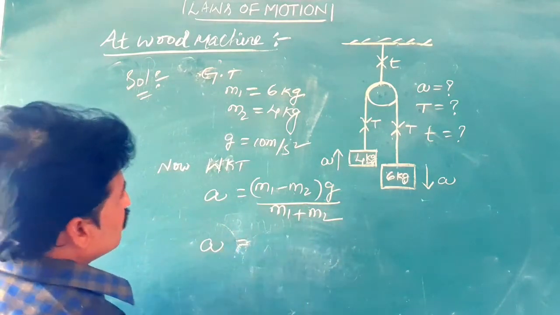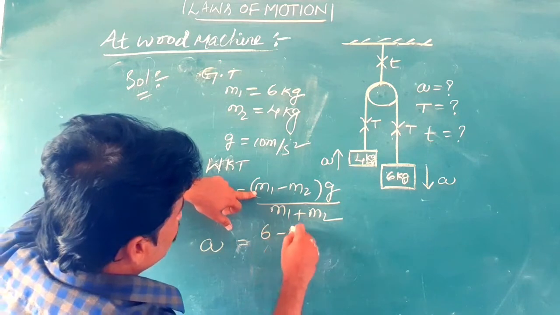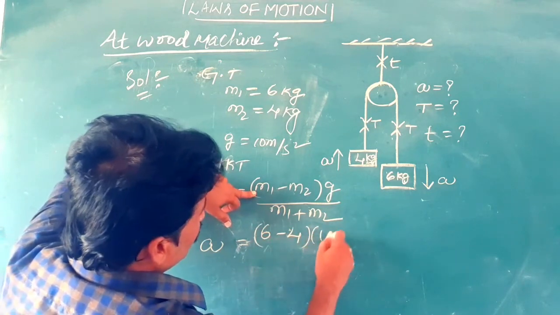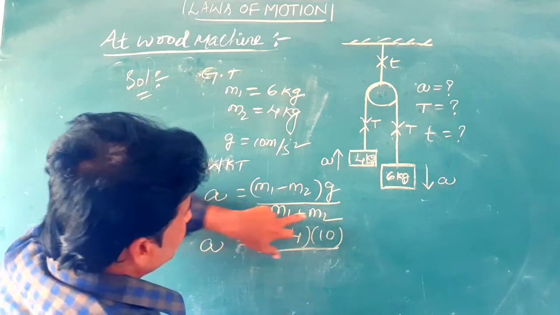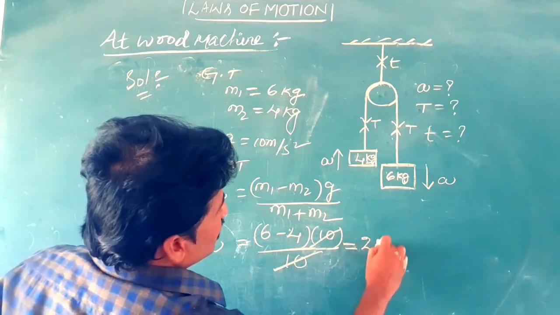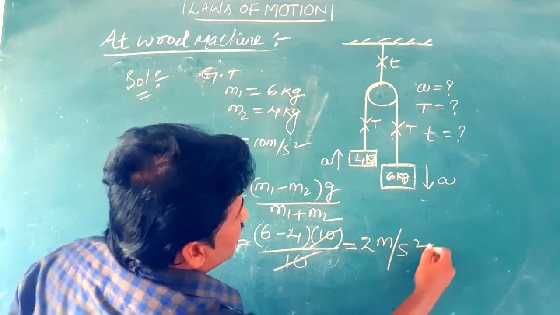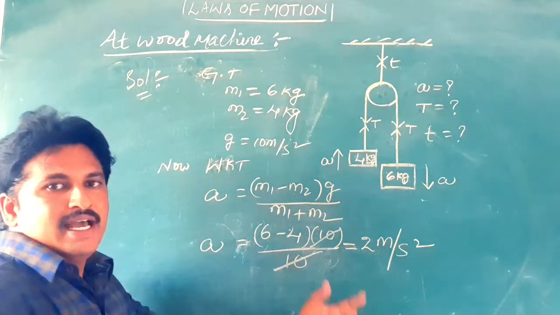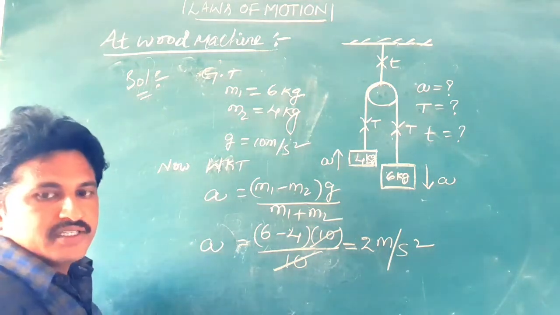That means a is equal to 6 minus 4 times 10 by 6 plus 4. The 10s get cancelled. We get the result as 2 meters per second square. This is the acceleration.